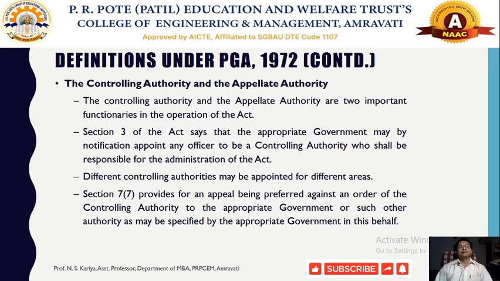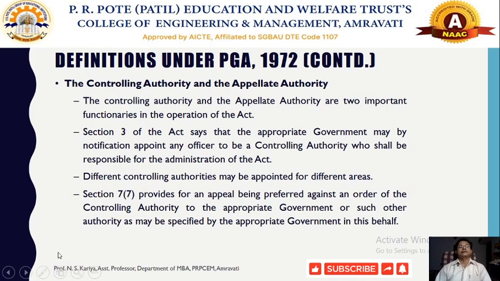The next definition under this act is controlling authority or appellate authority. This act is primarily governed by two important functionaries, the controlling authorities and appellate authorities. Those are the prime authorities under this act who look after its administration.